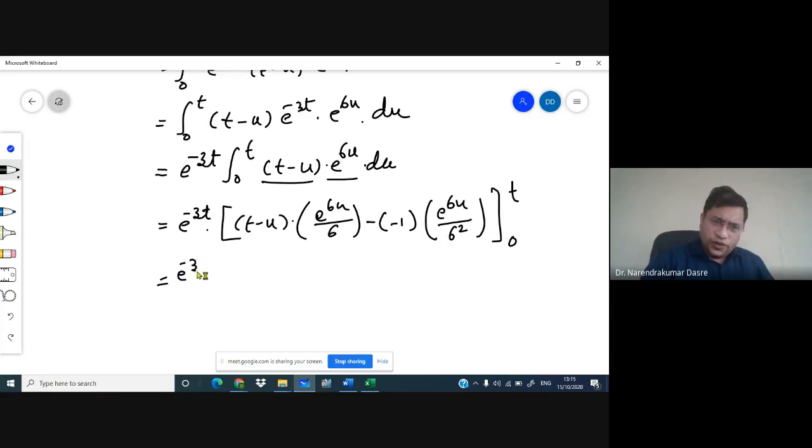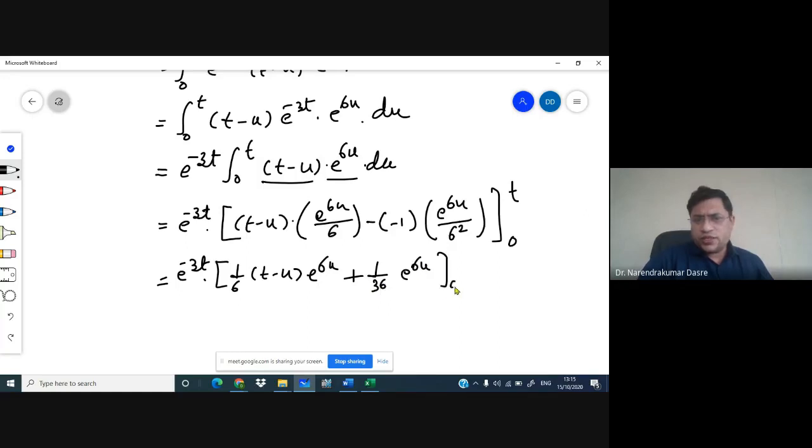So e raised to minus 3t times 1 by 6 into t minus u, e raised to 6u, minus minus, plus 1 by 36 e raised to 6u, from 0 to t.